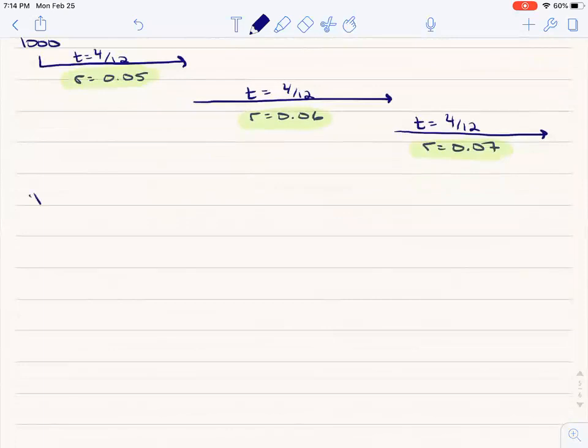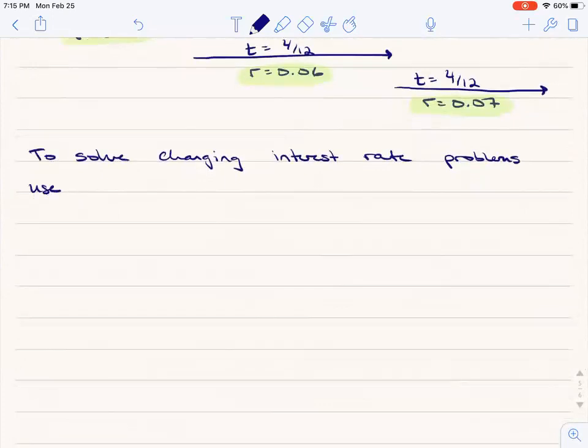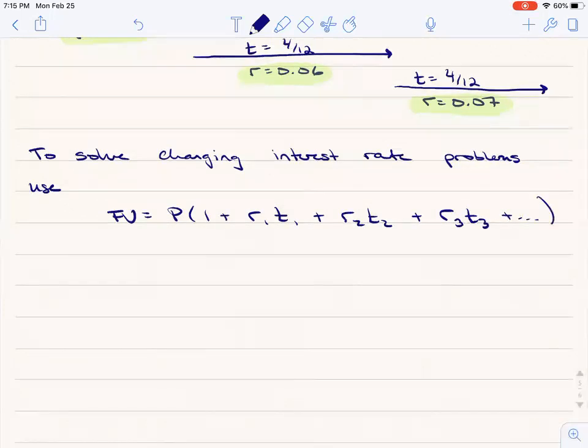So to solve changing interest rate problems, use the future value, which is still P, times 1 plus R1 times T1 plus R2 times T2 plus R3 times T3 plus and so on, essentially forever, or as many as you need.